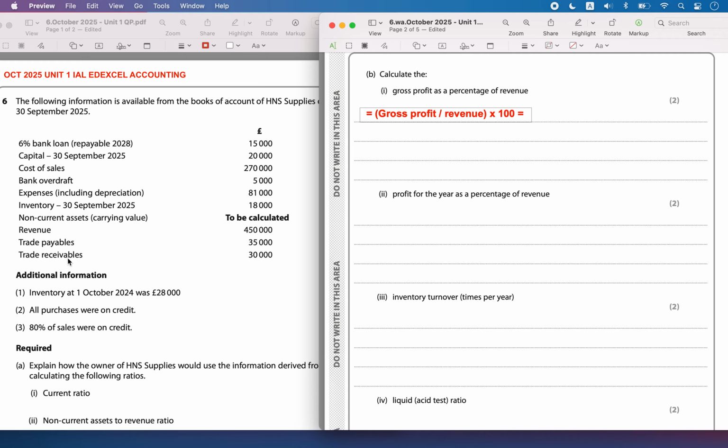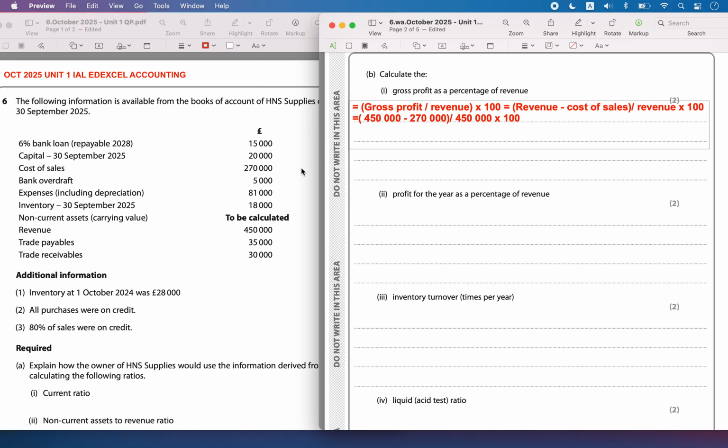Now what is gross profit? Because there is no gross profit given here, gross profit is equal to revenue minus the cost of sales. So the gross profit percentage is revenue minus cost of sales over revenue times 100.